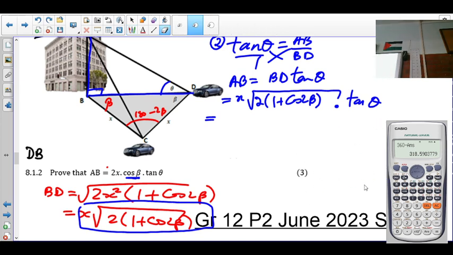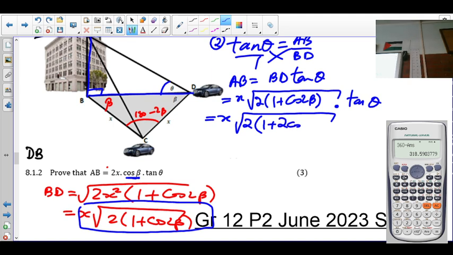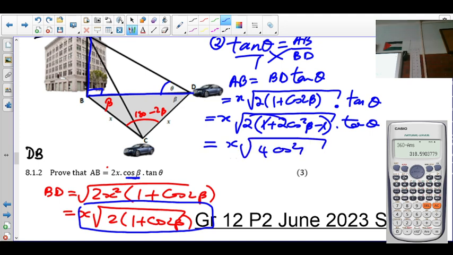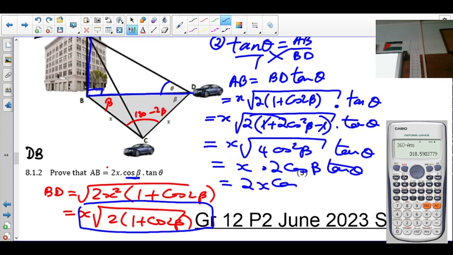So that's going to give us x root of 2 into 1 plus 2 cos squared beta minus 1 times tan theta. That of course cancels. So it's x root of 2 times 2, which is 4 cos squared beta, times tan theta. The square root of 4 is 2, the square root of cos squared beta is cos beta, so we get 2x cos beta tan theta.